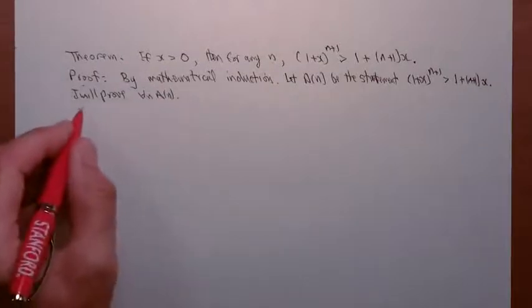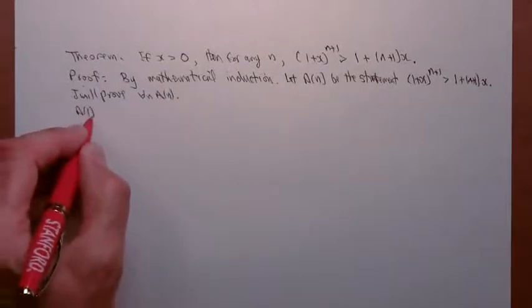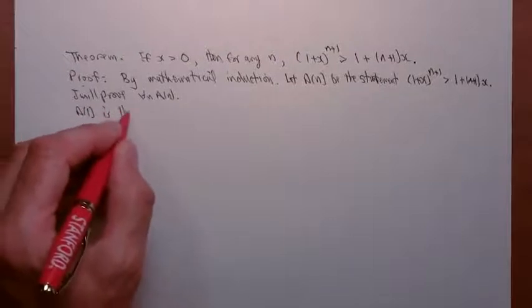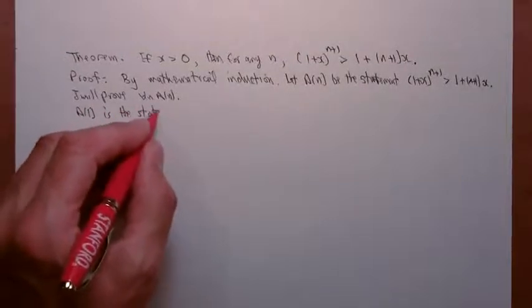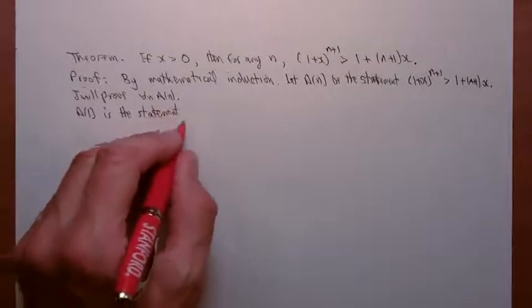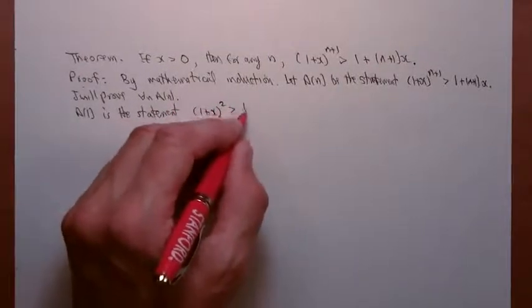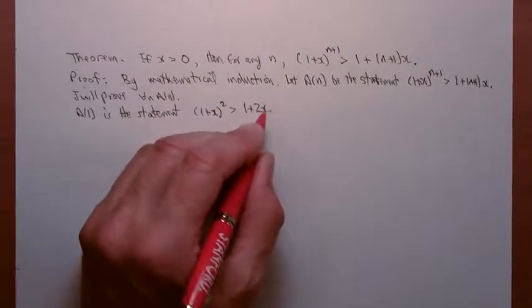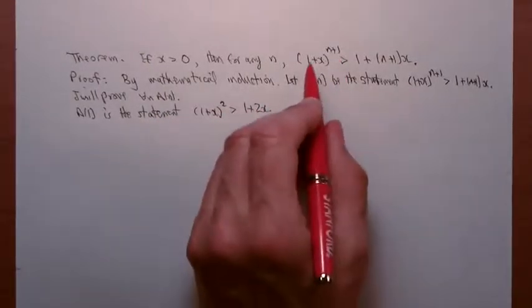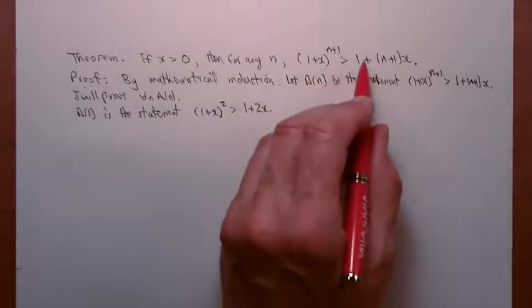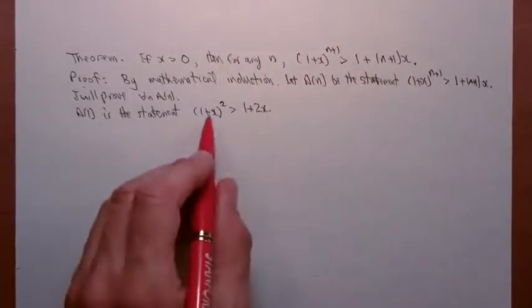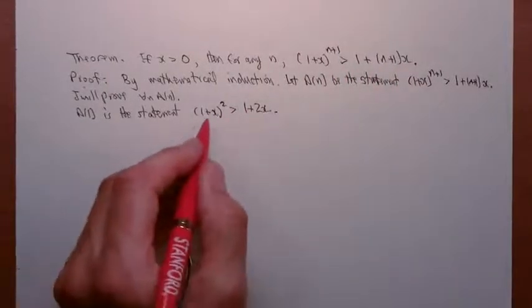Well, the first step is to prove A(1), and A(1) is the statement (1 plus x) squared is bigger than 1 plus 2x. We put n equals 1 here, we'll get (1 plus x) squared greater than 1 plus 2x. Is this true? Well, the answer is yes.